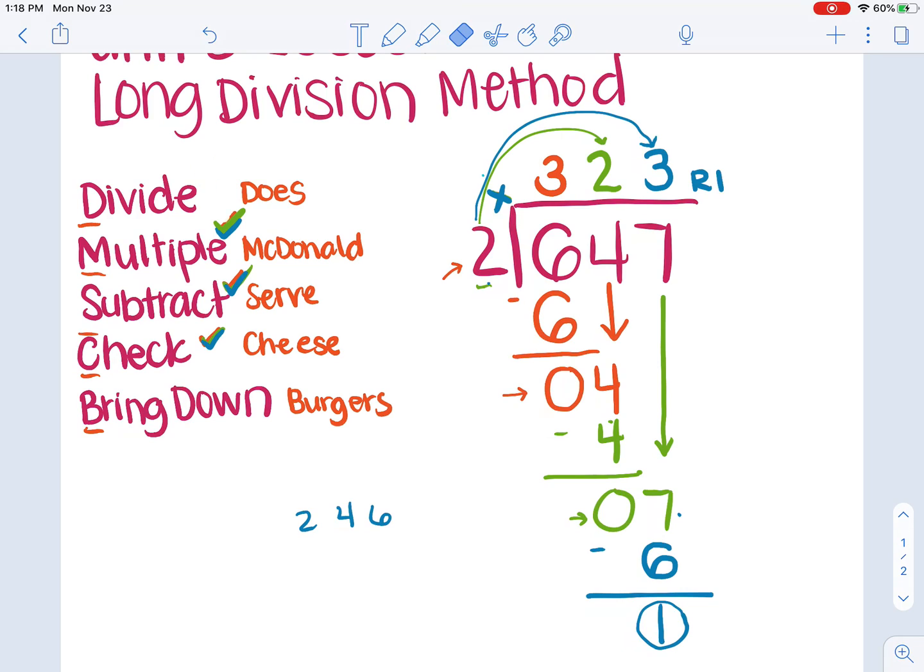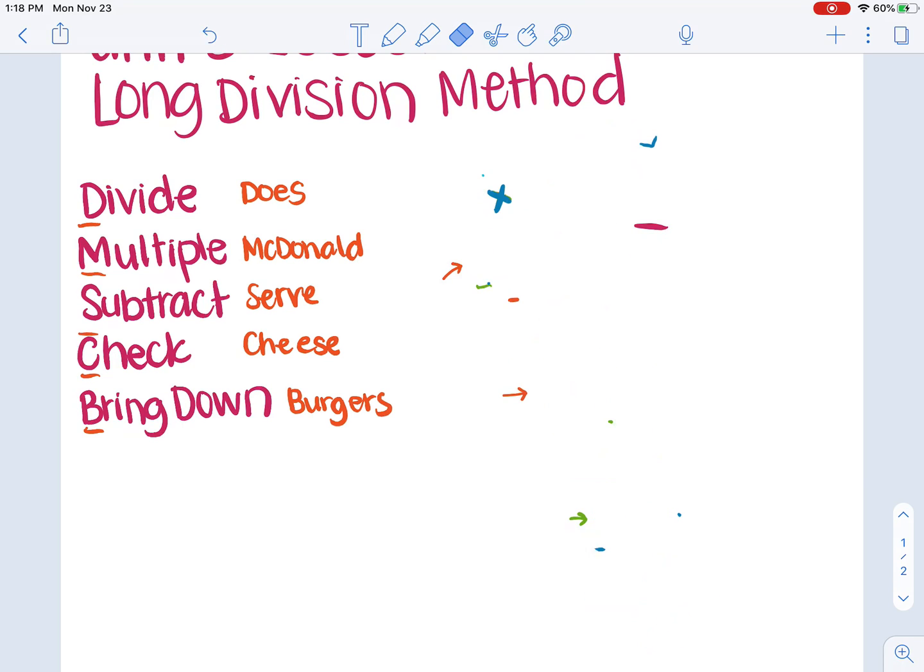Let's write down another example together. If it helps you, you can write down DMSCB to help you walk through the steps. Let's have our next problem divide by 3.